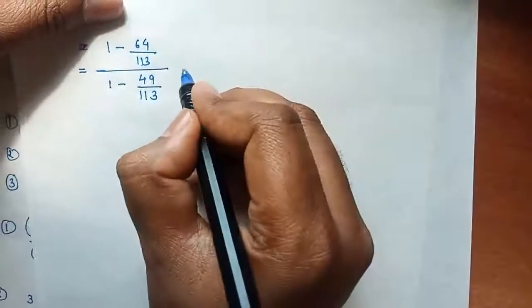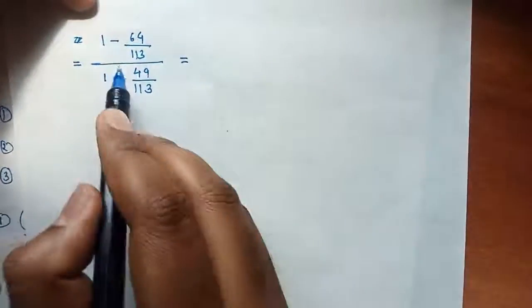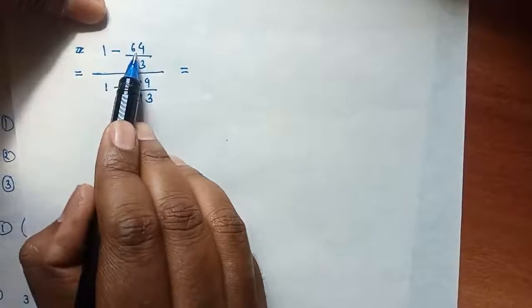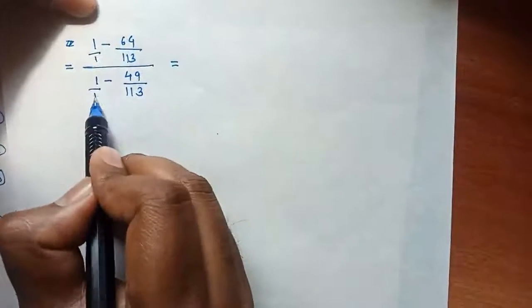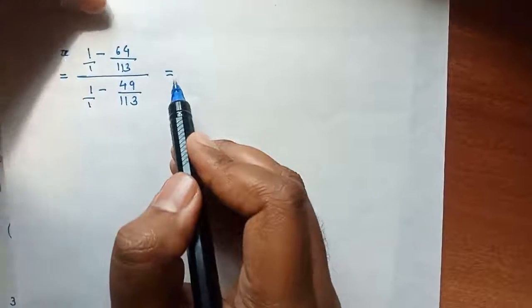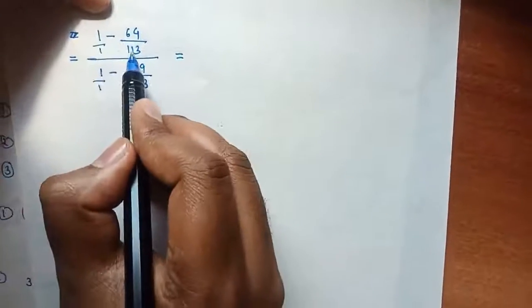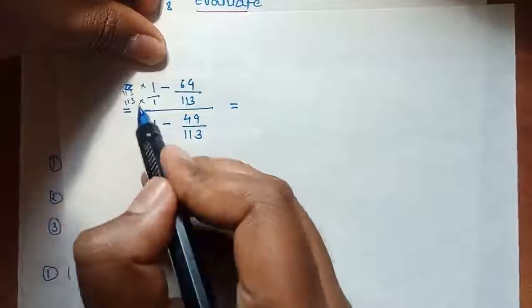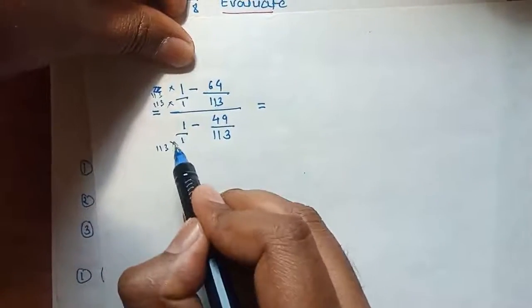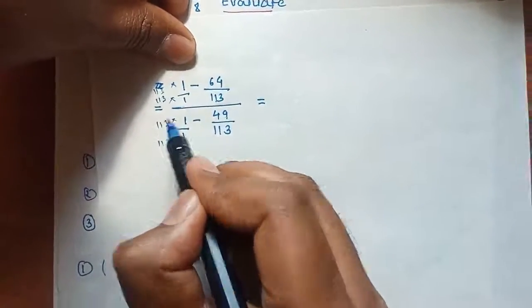After simplifying, the question is equal to the following. Now we know that if we have to add or subtract, we have to find the LCM. The denominators have to be made the same, then only we can add or subtract. Here is a 1 and here is 113, so definitely I have to multiply here with 113.